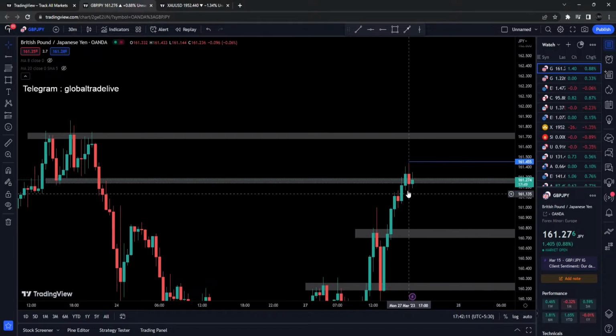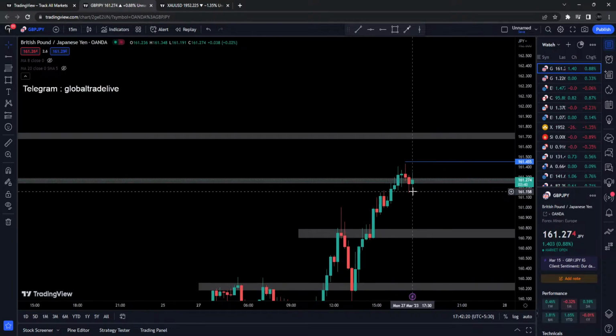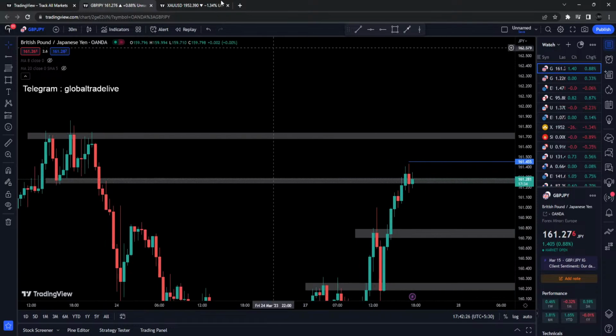So 17 minutes left for the 30-minute candle to close in GBP JPY. That means 2 minutes left for the 15-minute candle to close. But now this 15-minute time frame is really confusing, so I'm going to just switch to the 30-minute.